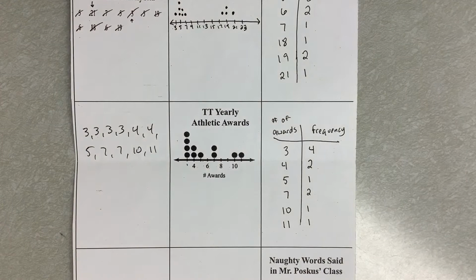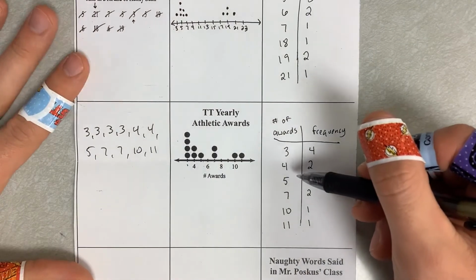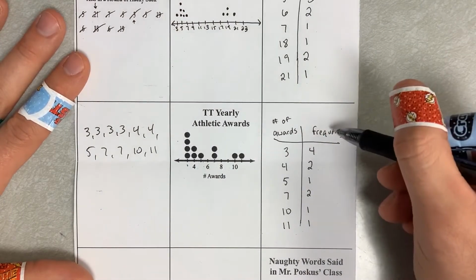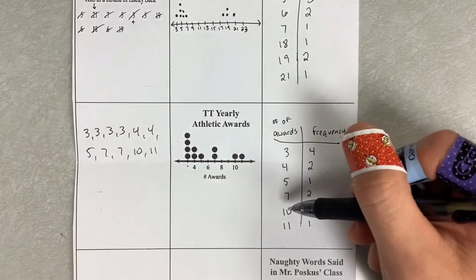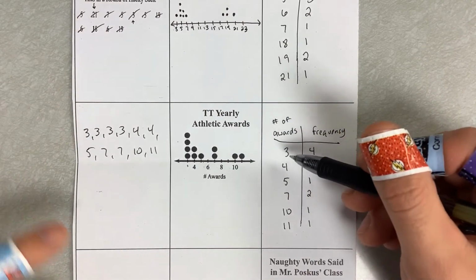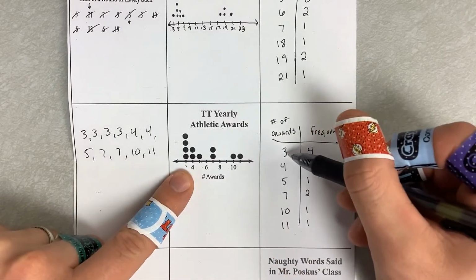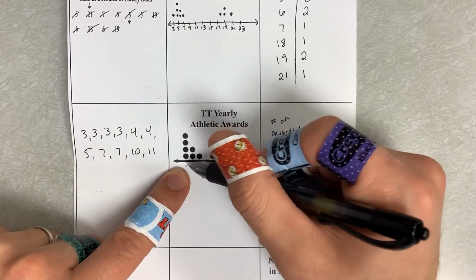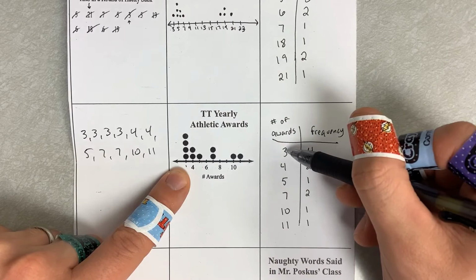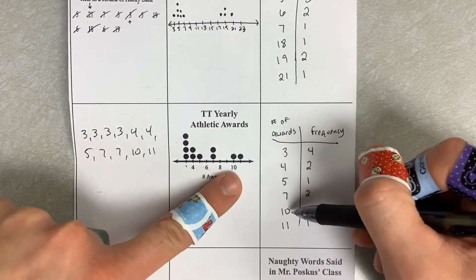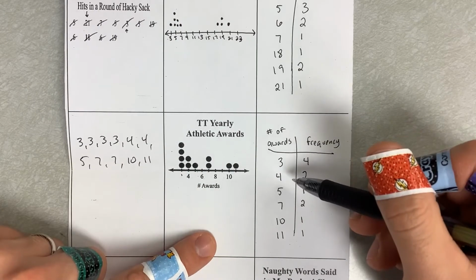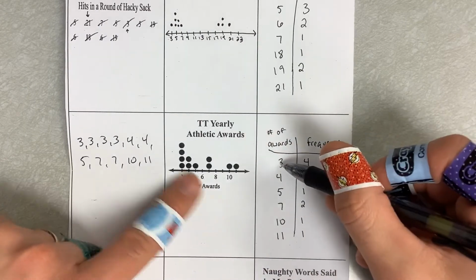It's that simple, guys. Now for my frequency table, again, remember, you make your table. This side's always frequency, how many times you see that number. And this is your list of numbers, and you just got to give me one of them. So again, I didn't use my dot plot here. I seen that any number that had dots on it is the number I put in here. So I got to put a 3, a 4, a 5, a 7, a 10, and an 11. And then again, just like we talked about over here, there was four 3s.